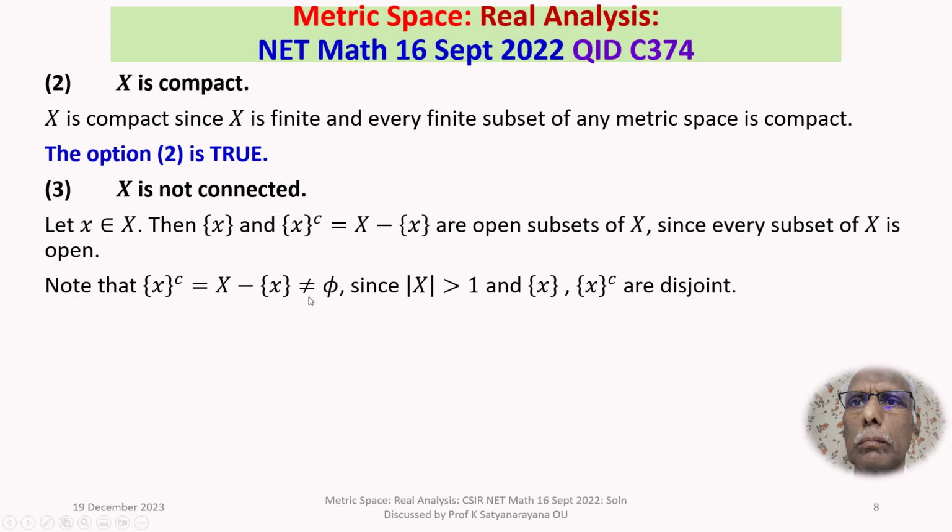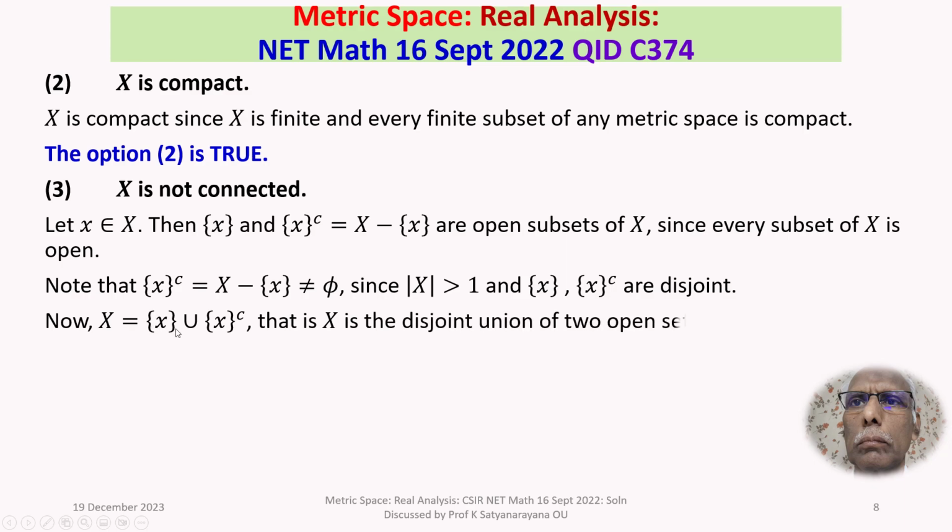Further, the singleton set {x} and its complement are disjoint. Thus, capital X is written as the singleton {x} union its complement. That is, capital X is the disjoint union of two non-empty open sets.